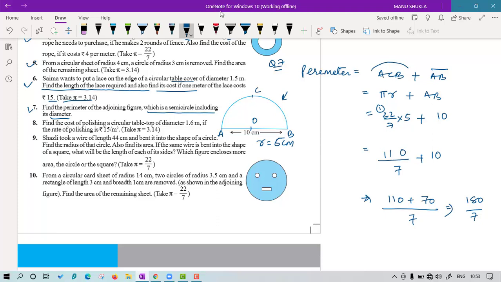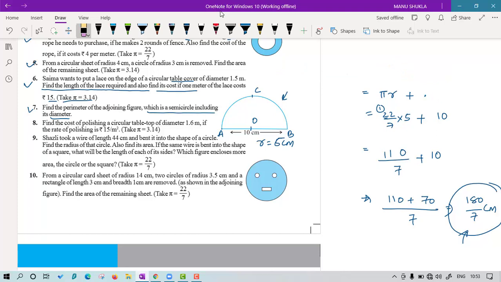Centimeter only, so centimeters. This is the perimeter. I hope you understood this. If you want, you can solve this and get the answer in decimal also. Sometimes we want to check our answer with the back answer and they have written the answer in decimals, so you also find the answer in decimal and verify your answer.